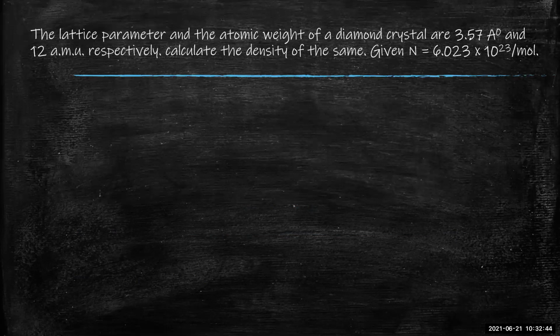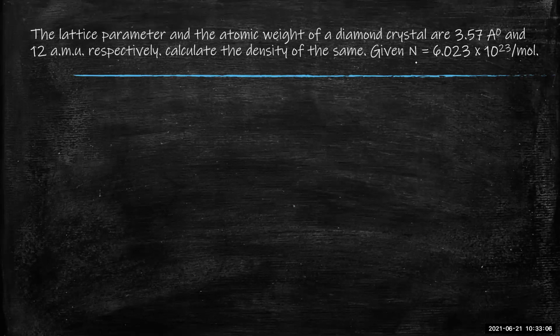The question was like this: the lattice parameter and atomic weight of a diamond crystal are 3.57 angstrom and 12 AMU respectively. Calculate the density of the same. In that case, N is equal to 6.023 into 10 raised to 23 per mole is given.